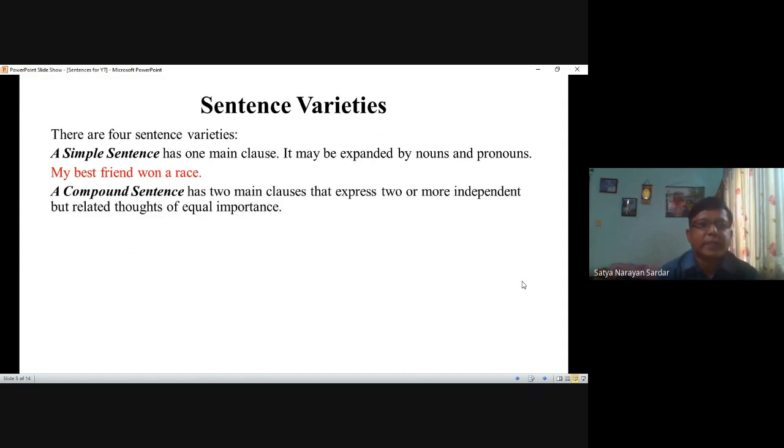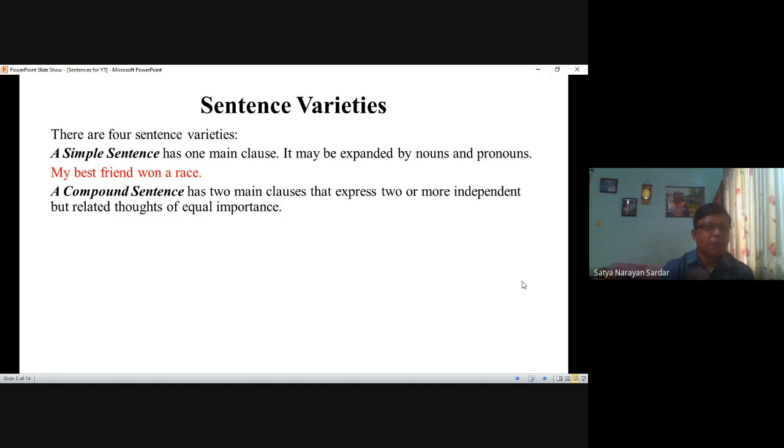A compound sentence has two main clauses. I think you know very well what a clause means. Clause means sentence. It has two types, independent and dependent. Two main clauses express two or more independent but related thoughts of equal importance.